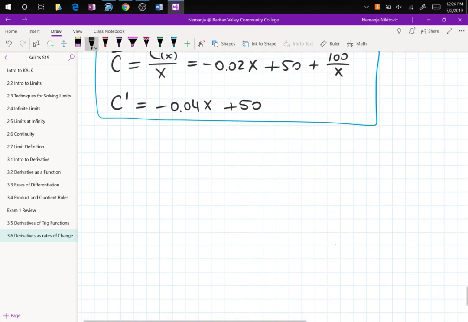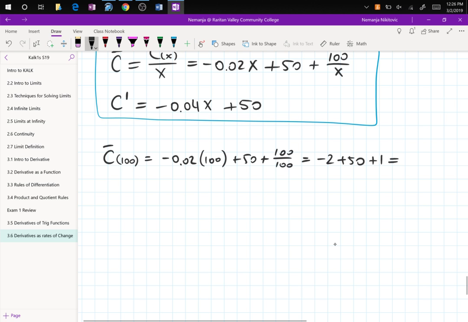So now what do I need? I need the average cost for 100 units made. Let's plug in 100. Negative 0.02 times 100 plus 50 plus 100 divided by 100, and that's going to be negative 2 plus 50 plus 1, which is 49. 49 what?